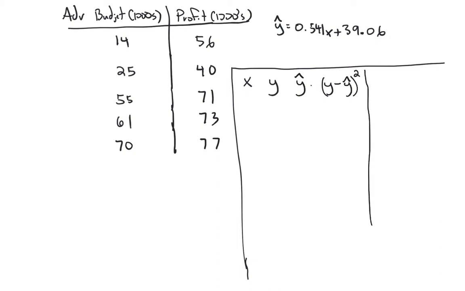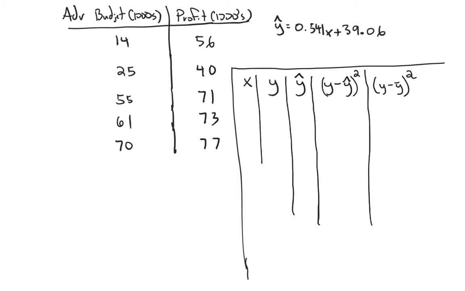And similarly, we need the difference between each y value and the mean of y, and again, I'll just square that in the table just to save room here in this video. And in fact, I'm going to erase this and give myself just a little more room because that'll involve some decimal places.